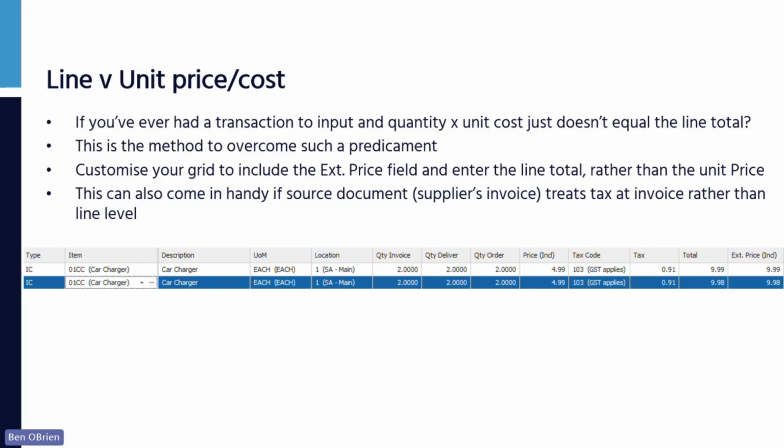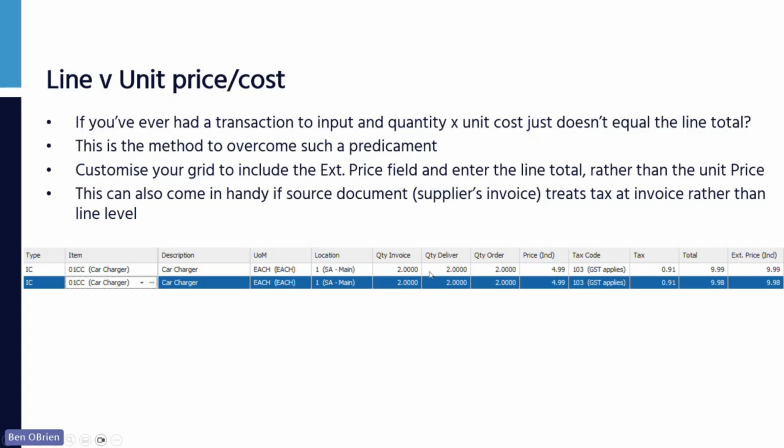There are some quirks in the way, depending on which tax rate, there are some numbers that you just can't arrive at if you use, say, exclusive unit pricing and then multiply it by a quantity, you don't get the extended price that is on your supplier invoice. So that's why we have the extended price column as well, which you can put on to your transaction grids.